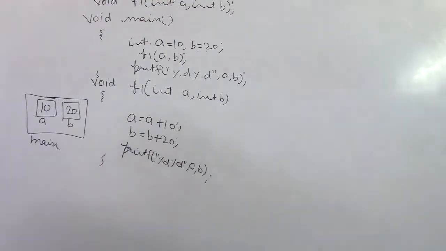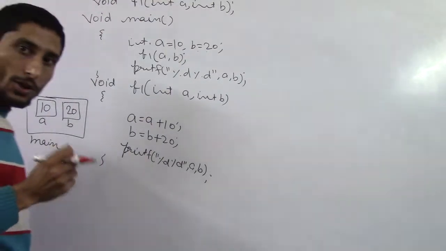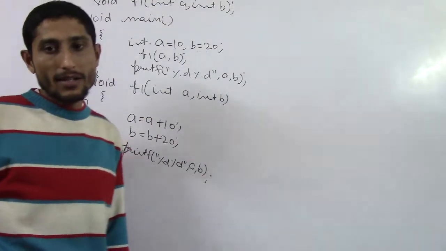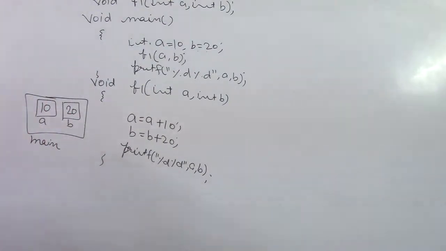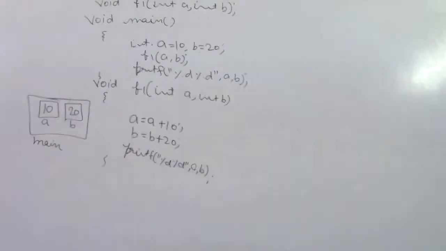The moment I declare a variable inside the RAM, what is going to happen? The compiler will allocate some space, and along with the space, the compiler will allocate the addresses. Are you following this? Why allocate the address?